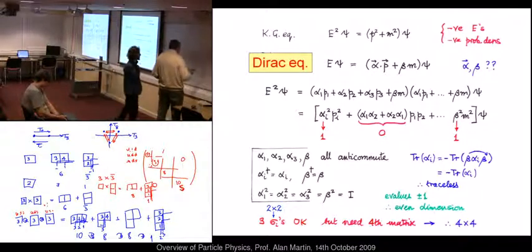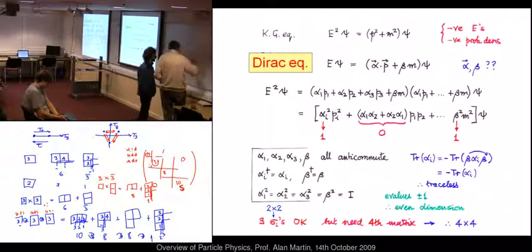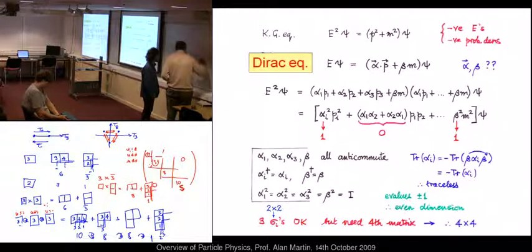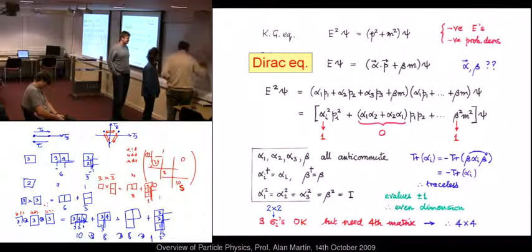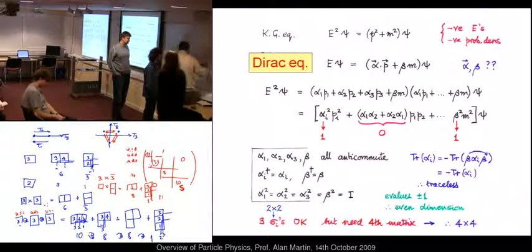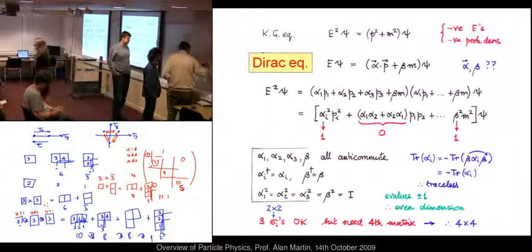let's take a system made of two spin-a-half states. So we take a system made of two protons with spin-a-half. Now the first proton can be spin up, and the second one can either be also spin up, or the first one spin up and the second one spin down.